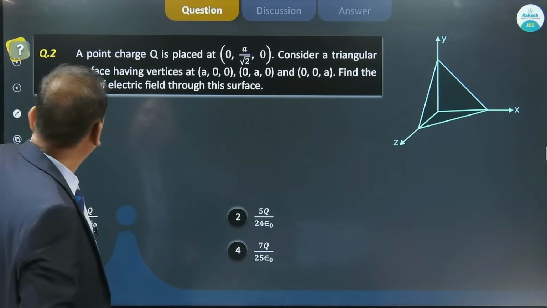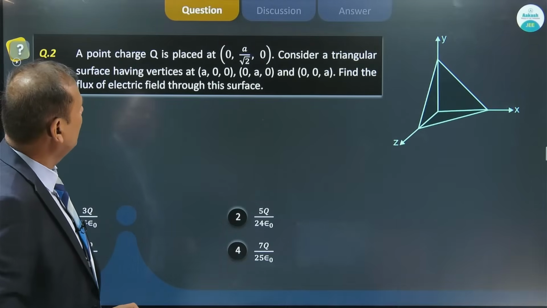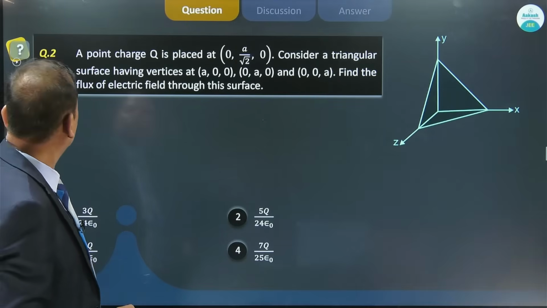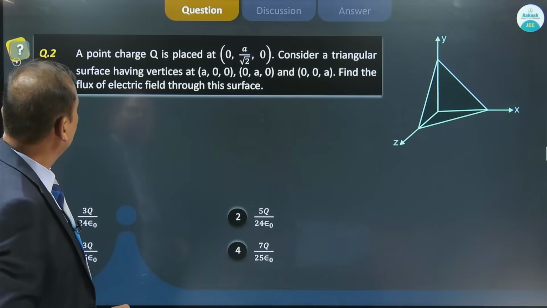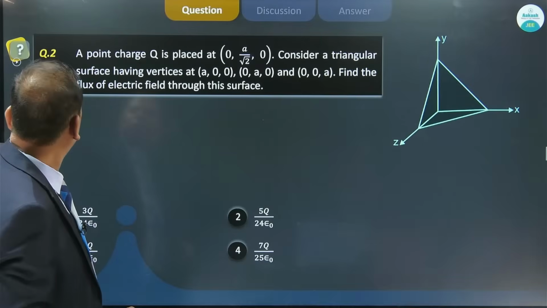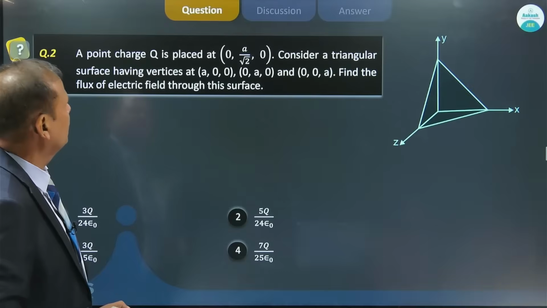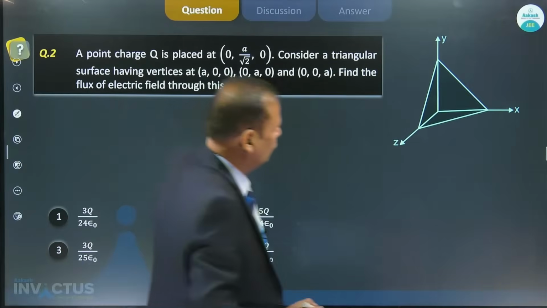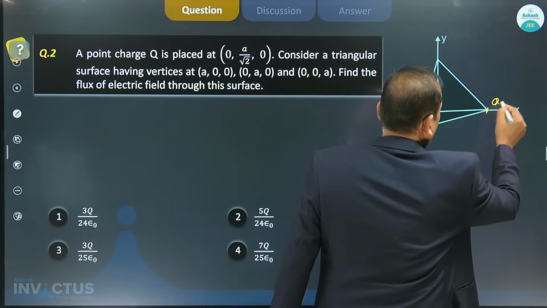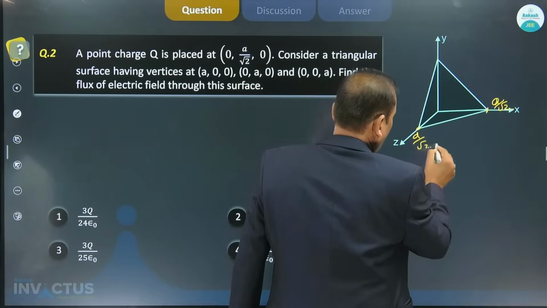A point charge Q is placed at 0, a by root 2, 0. Consider a triangular surface having vertices at these points. Find the flux of the electric field through this surface. देखो, this is a by root 2, this is a by root 2.